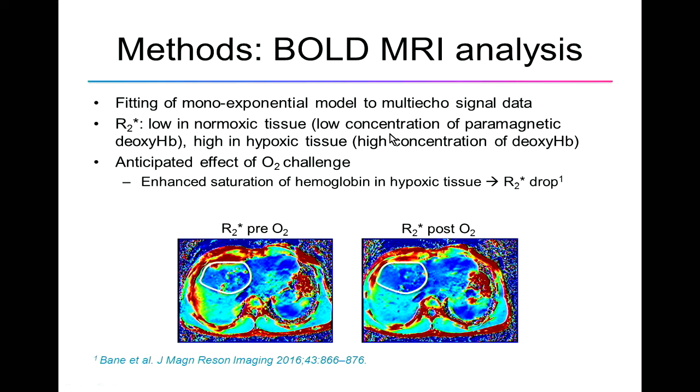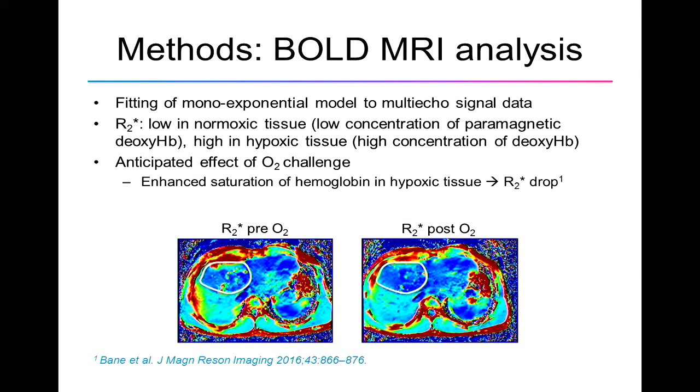The BOLD MRI analysis was done using fitting of a mono-exponential model to the multi-echo data, which led to estimation of R2*, which is low in normoxic tissue because of a low concentration of deoxyhemoglobin, which is paramagnetic, and high in hypoxic tissue because of high concentrations of this molecule.